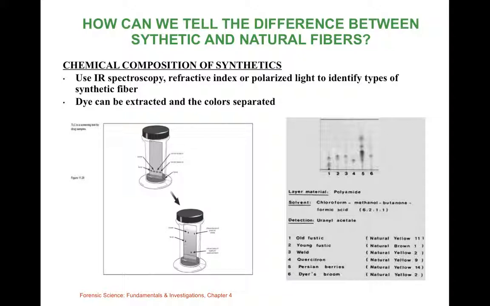And on the right-hand side, that litmus paper is being reviewed and examined to determine what the different layers are and what the different characteristics are, which can then be turned into the type of fiber you are looking at. So you could be looking at a natural yellow, a natural brown, all different kinds of information can be gleaned from just the dyes that are extracted.